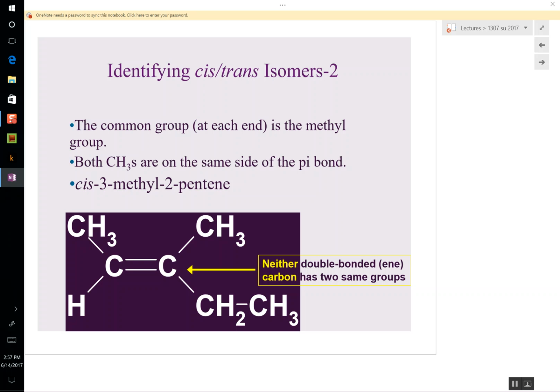Follow me? This is not a methyl substituent. This is carbon number 1. That is a methyl substituent. So that's a 3-methyl. And because the 2 things that were the same on the molecule are on the same side of the double bond, it's cis-3-methyl-2-pentene.